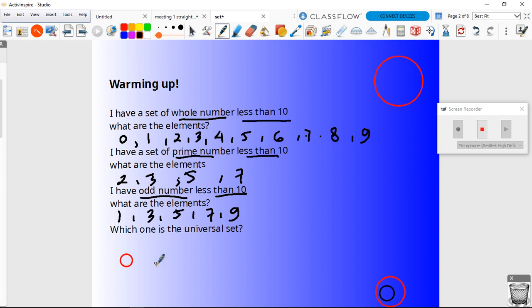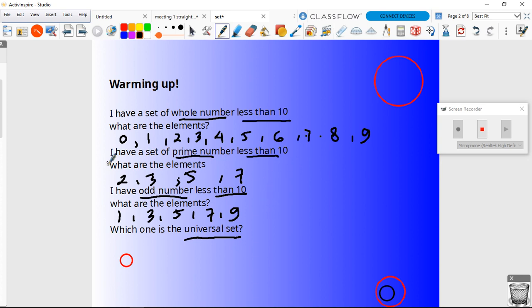The second question is, what is the universal set? So the universal set is the set which the members or the elements would cover all the other sets.